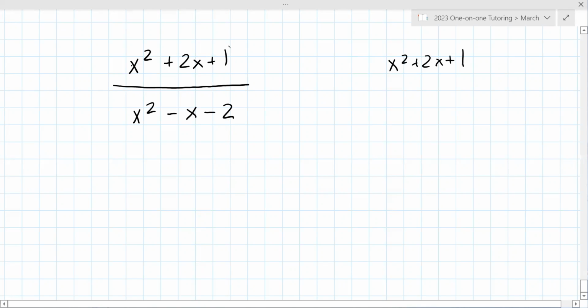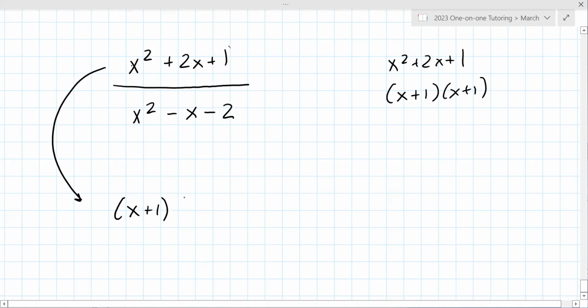Is that 1? So it is x plus 1, x plus 1. It's a perfect square trinomial. How about the bottom? How about x squared minus x minus 2?